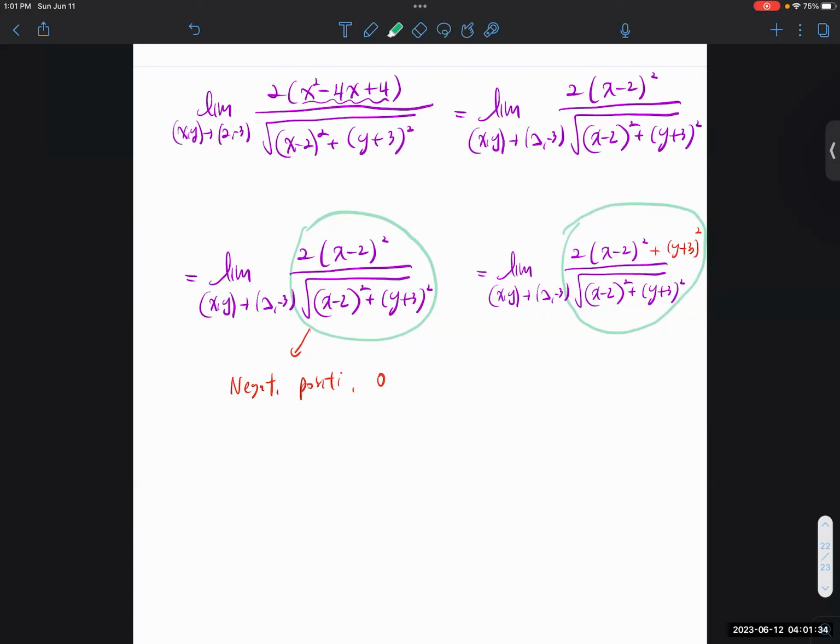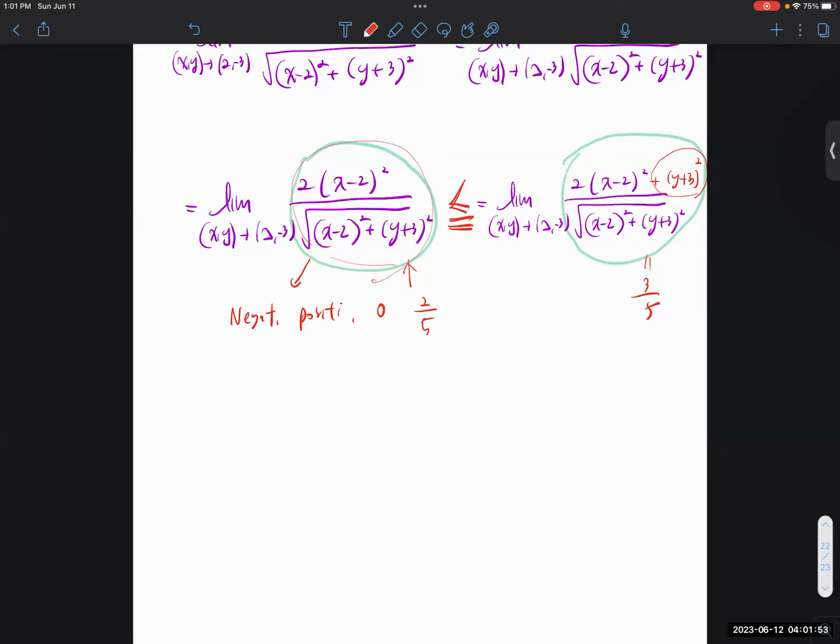When you compare the size, always the right side is going to be larger, because think about it. Let's say this is 2 over 3, now 2 over 5. Let's say this is going to be 3 over 5. So by adding something in the numerator, the right side is going to be larger, because this one is hard to solve. And then now I'm going to solve this one. What happened?